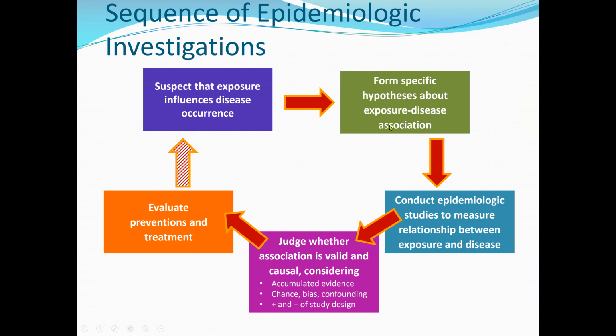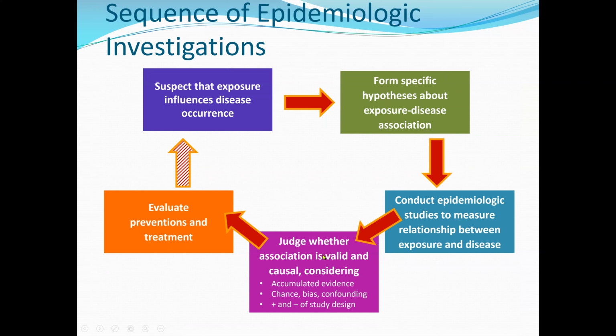Then, if we have the hypothesis, we can conduct epidemiologic studies to measure the relationship between the exposure and the disease. Next, we are going to judge whether the association is valid and also causal.